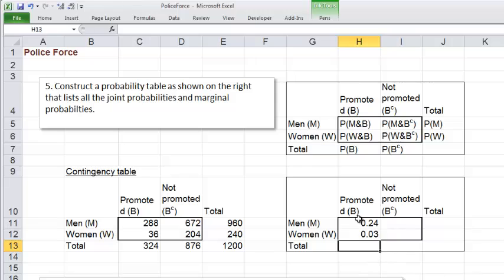Okay, and if I want the probability of promotion among everybody, I would say 324 divided by 1200. Okay, and let's speed this up. I'm going to just point to the cell, 672 divided by 1200.